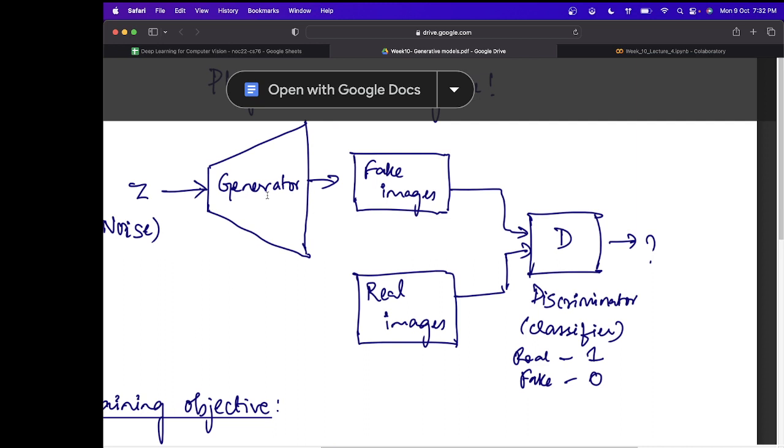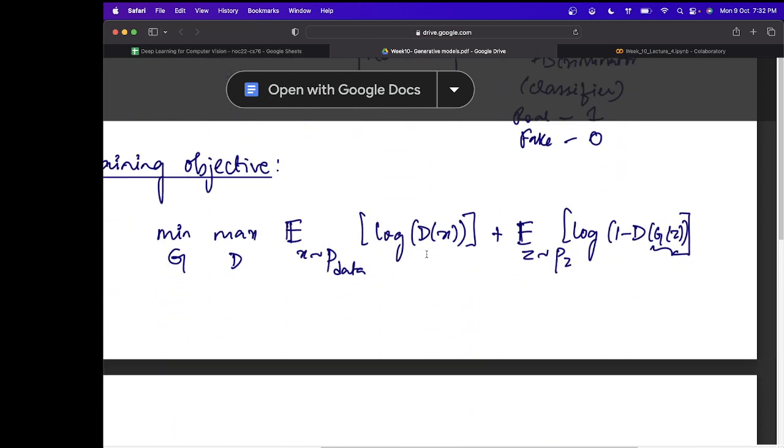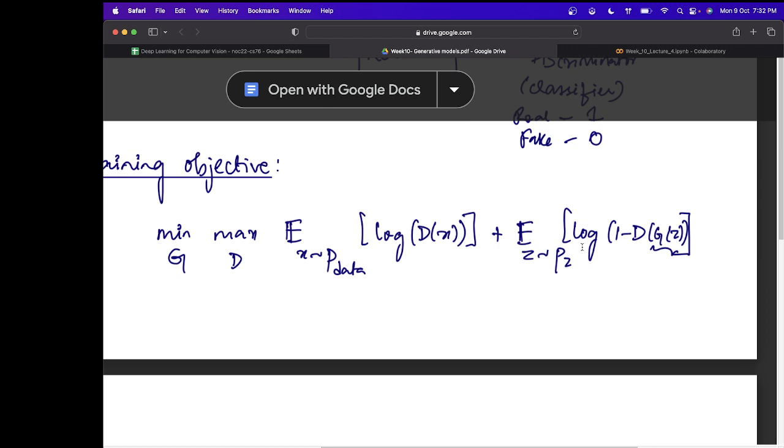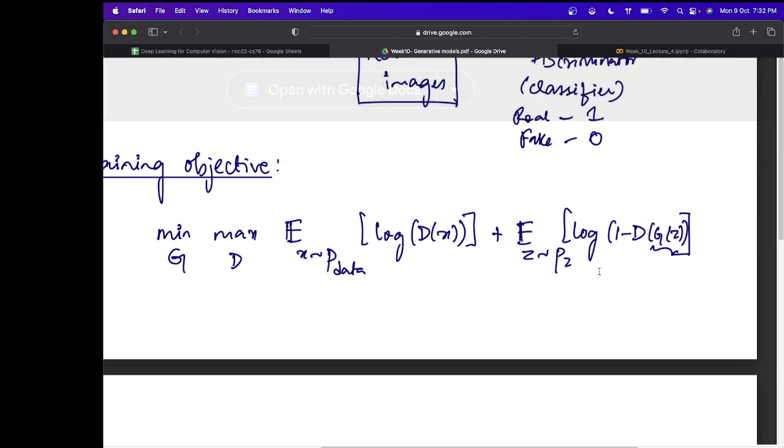Like I was saying, the generator has no link with the real images. They are independent. So the first term doesn't really matter to the generator. It's the second term that it cares about. So it tries to ensure that D of G of Z is as high as possible.